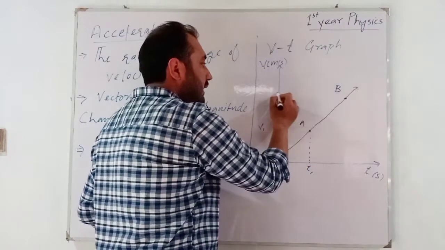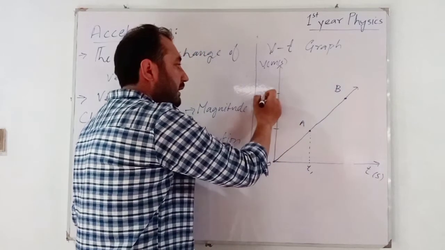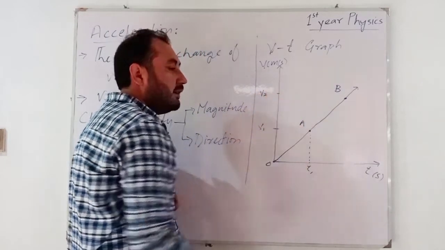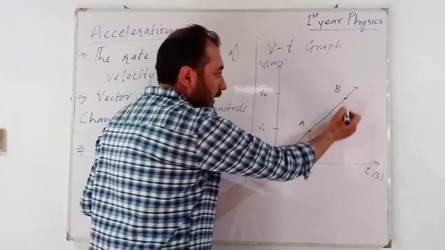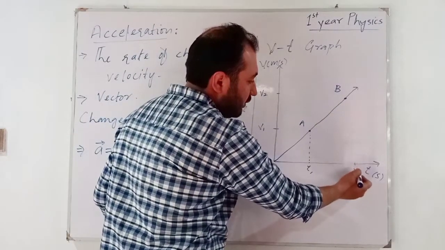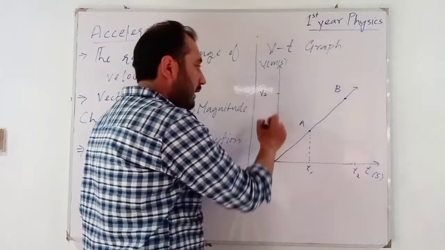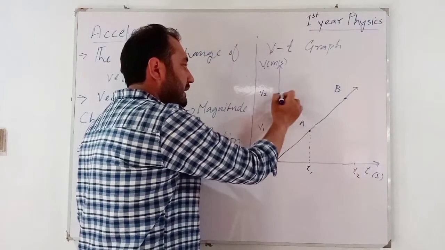Similarly, the object at point B has velocity v2, and the time it corresponds to is t2.